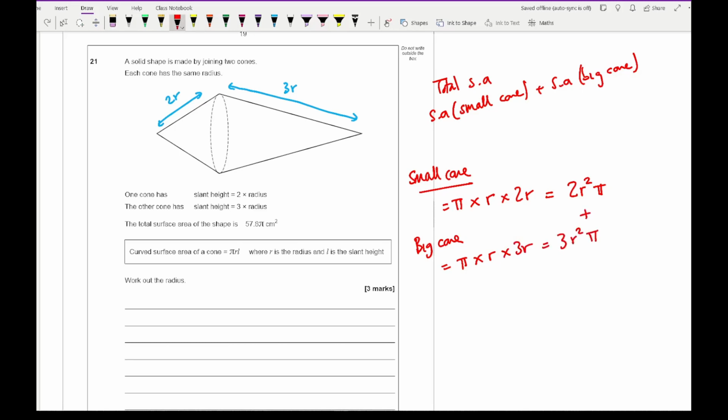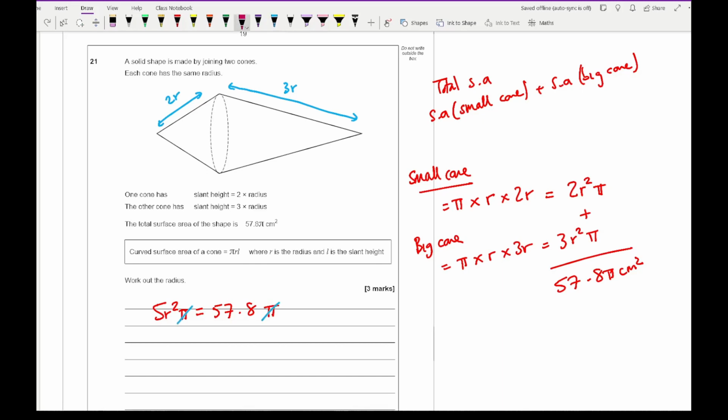Now if I add those two things together, that should come up to 57.8 pi centimetres squared. So what I've got is 5r squared pi equals 57.8 pi. And then I want to find out what r is, so first of all I can cancel out the pi's.